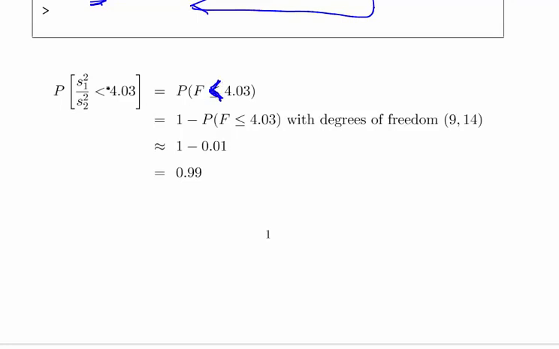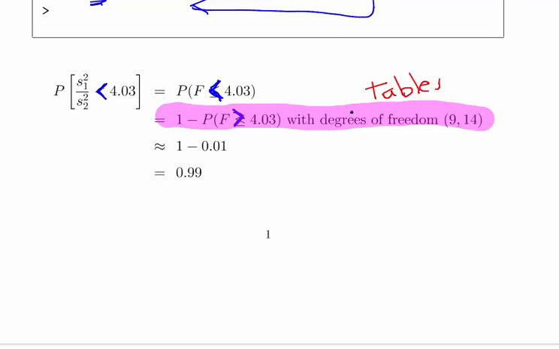If you're using the tables, you probably use the upper tail approach and get the upper tail probability. We won't need that in this instance, but that might be the approach if you're using printed statistical tables. But anyway, our answer there is 0.99.